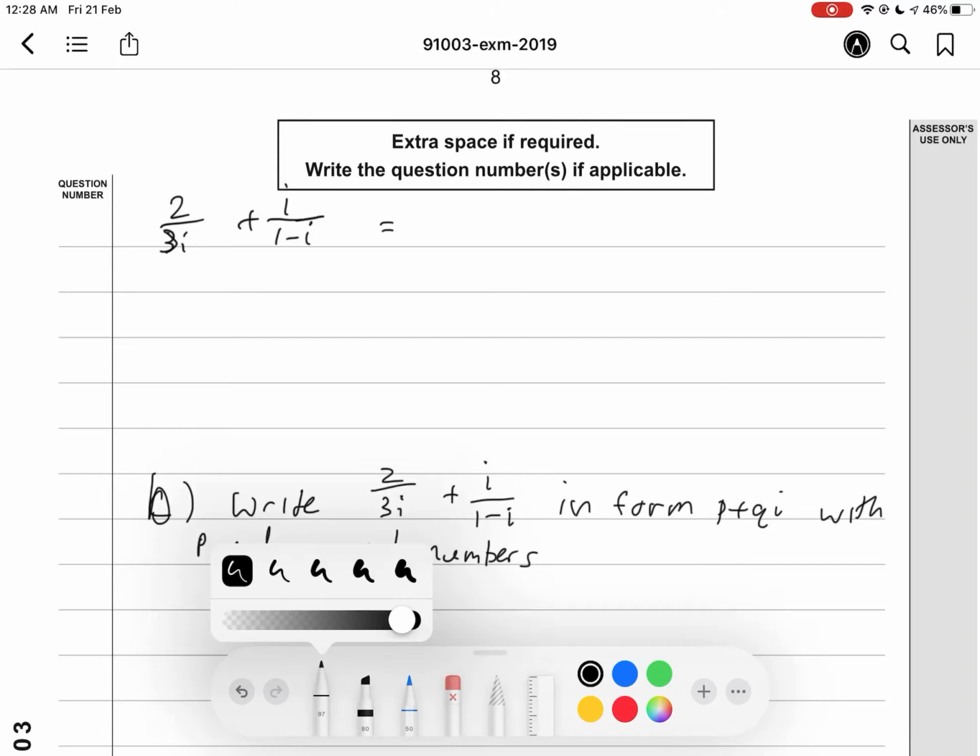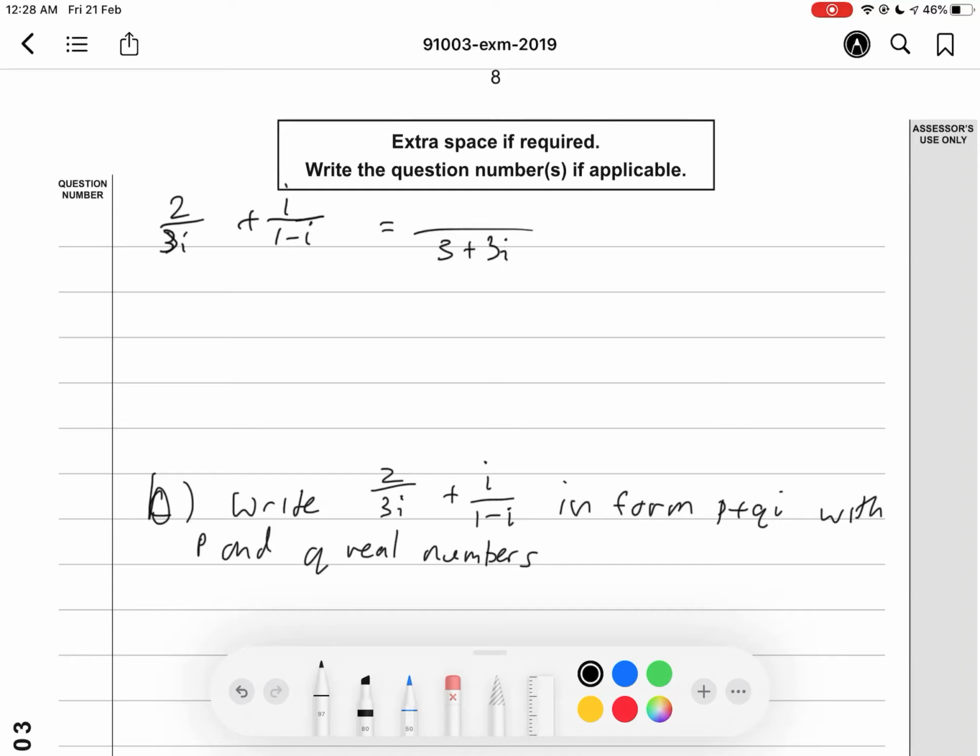Apologies. So, as normal, we're going to do our denominator. Our denominator is 3i squared, which is 3 plus 3i. However, our numerator is 2 times (1 minus i) plus 3i squared, which is negative 3.